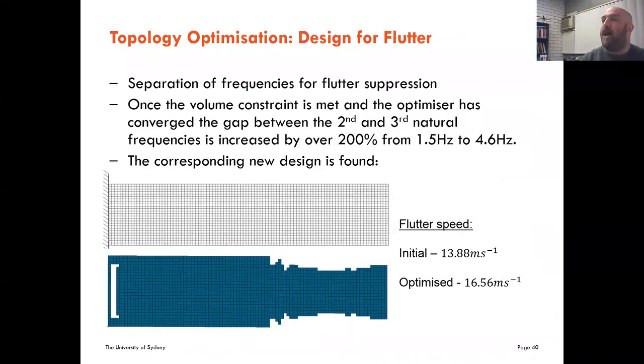Now, this type of design we've also applied to the simple problems of flutter, where we wanted to increase the flutter speed by design. And we applied it to a simple flat plate because it's something we can do in the tunnel, so we validated this experimentally.